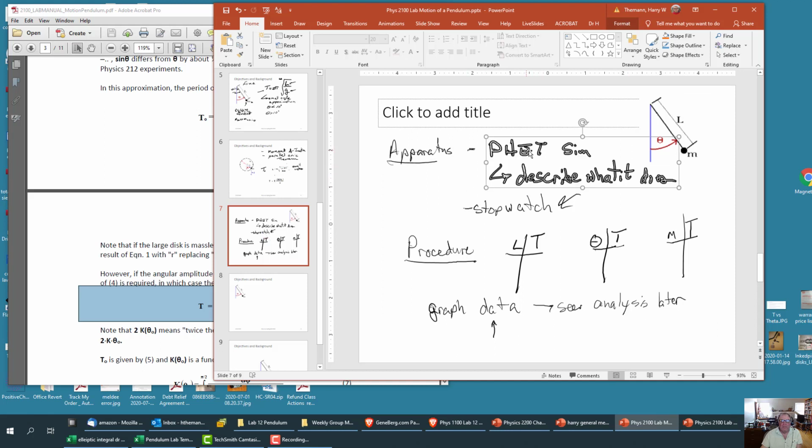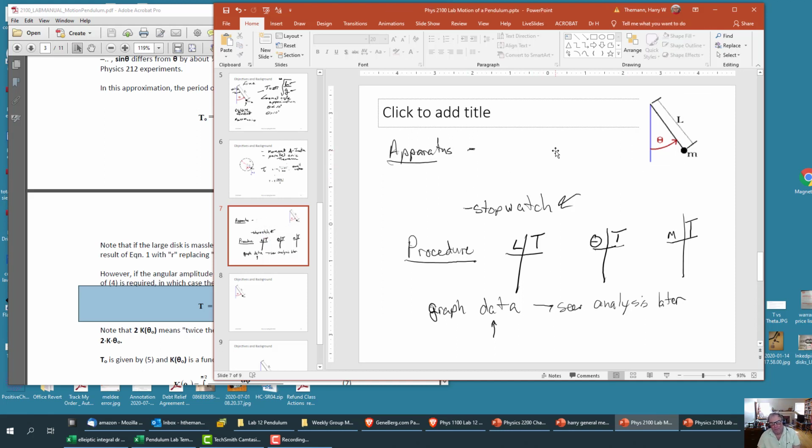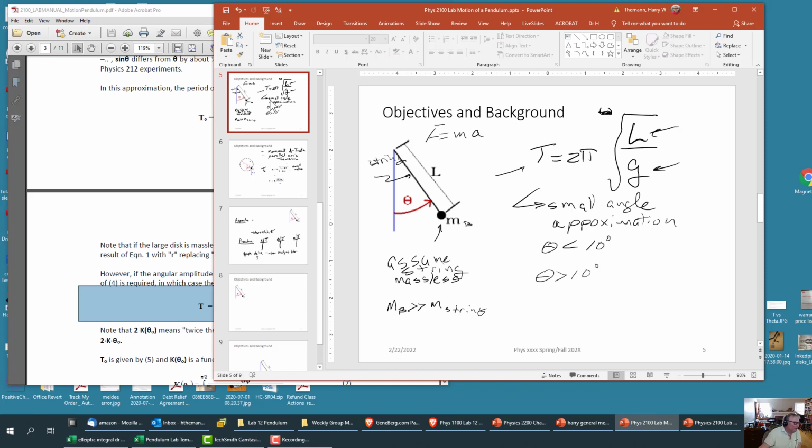So we're going to use a real one, but we're going to need to examine the apparatus and describe it, and then we're going to take a series of measurements with different lengths, measure the period. We're going to be taking different amplitudes and measure the period.